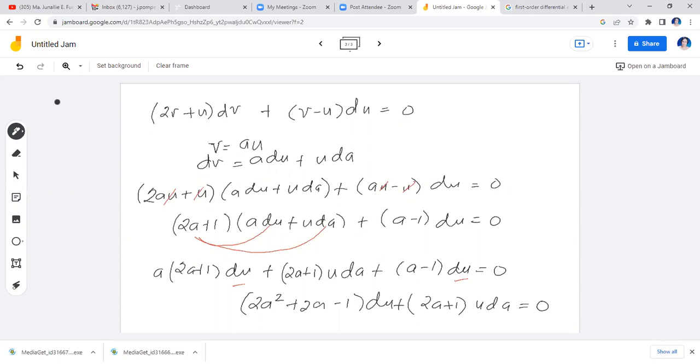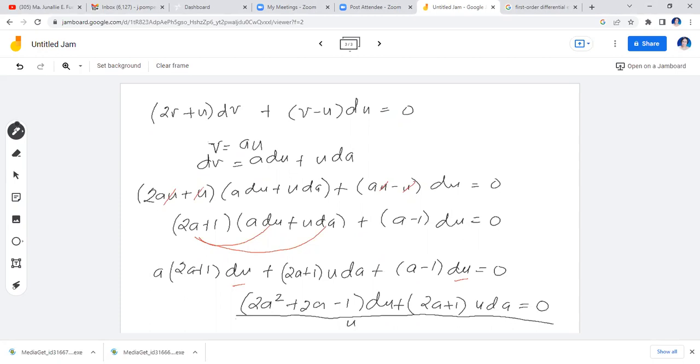Now what have you noticed with the equation? It is now separable. That's the usual case, correct, Jabel and Joshua? From homogeneous, we normally convert it to separable. So this is separable. We can divide in a manner that I'll be able to get rid of the u in here.